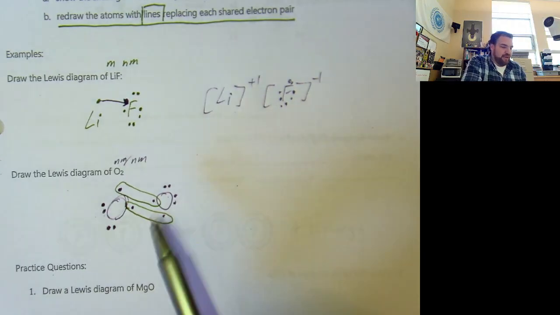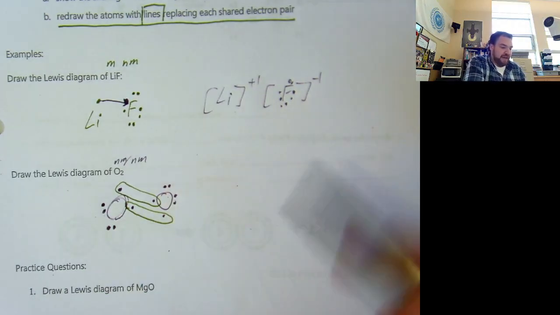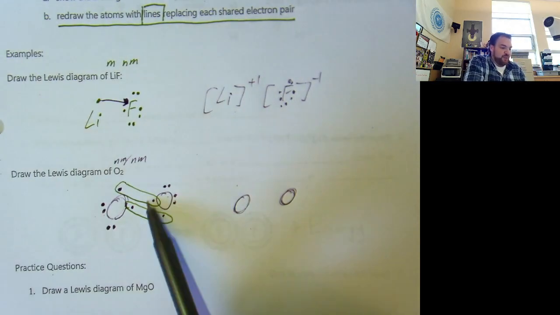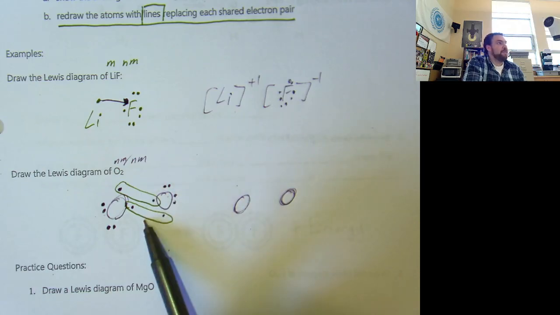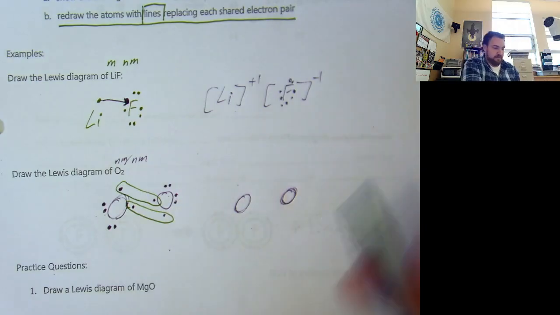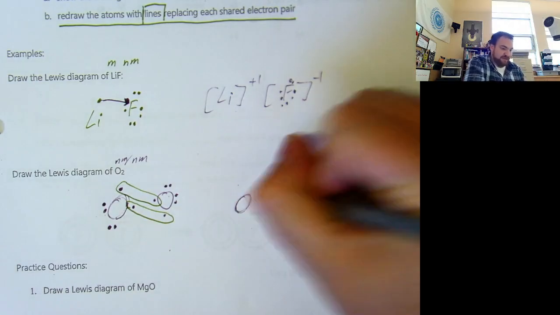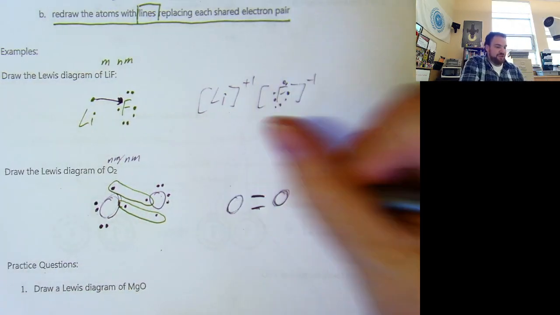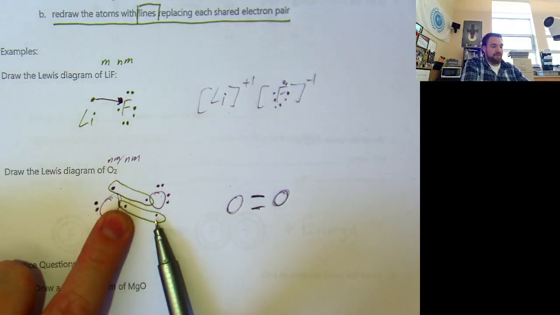What we're going to do now is when we redraw this, I'm going to have 1 O there and 1 O there. Each one of these circled pairs gets represented by one single line. That line to represent that pair, this line to represent that pair.